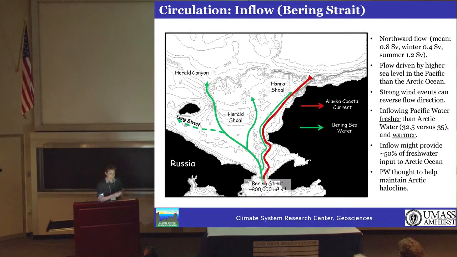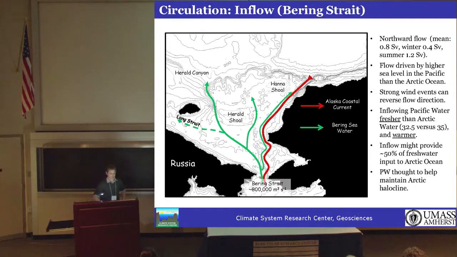Further offshore and at depth, we see warm Atlantic water coming in, and flowing in the opposite direction to this eastern jet offshore is the Beaufort Gyre. That is anticyclonic, and it's a freshwater storage region.